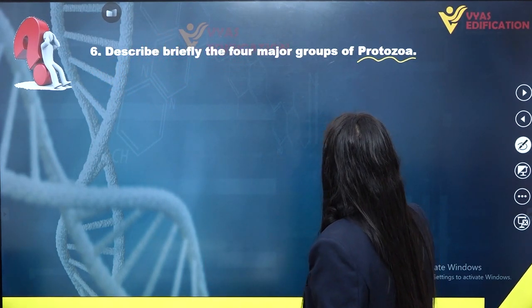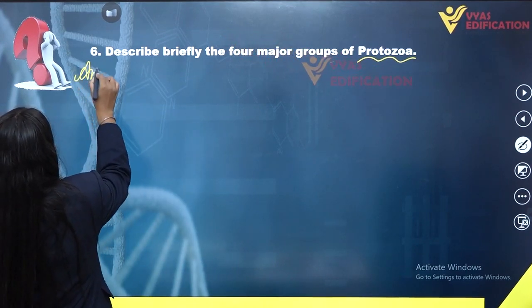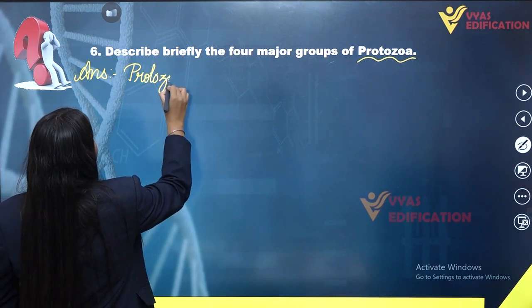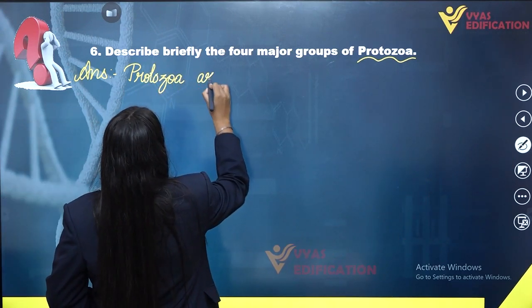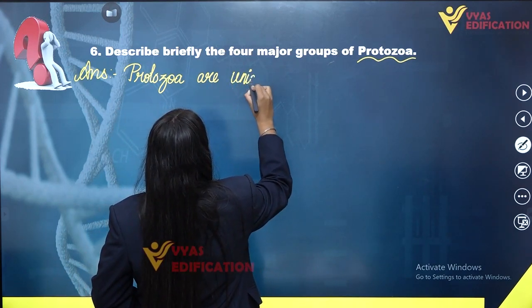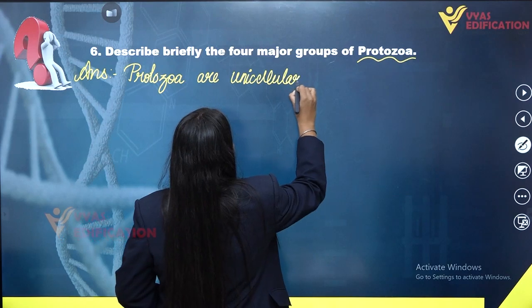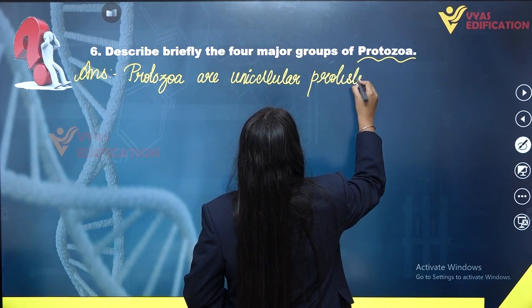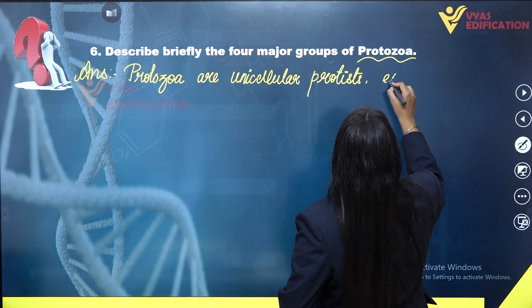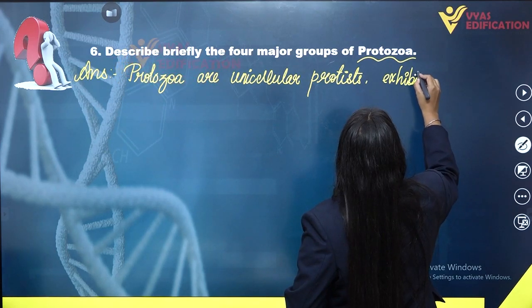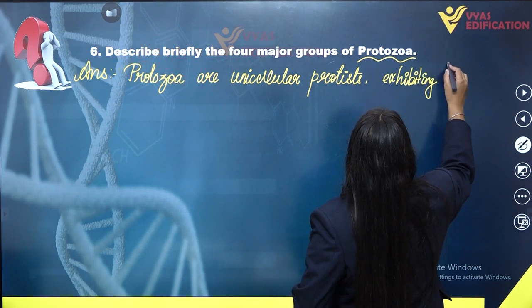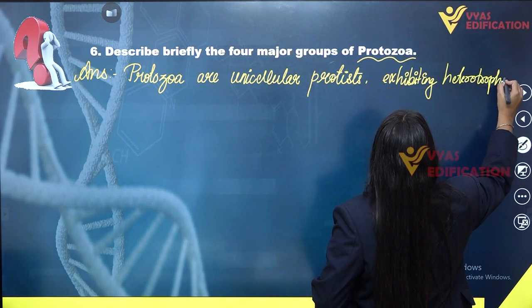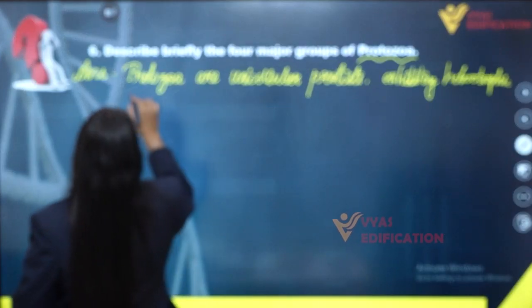Now if we are going to write the answer, then first of all, protozoa are unicellular protists exhibiting heterotrophic mode of nutrition.